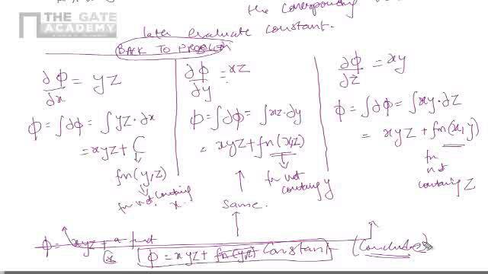Why? How are we concluding it's a constant? From this, that is from 1, we can say that the remaining part is a constant not containing x. From the other part, if I equate this φ and this φ, they are the same φ's, correct? That means xyz plus a function not containing x should be equal to xyz plus a function not containing y, which should be equal to xyz plus a function not containing z.